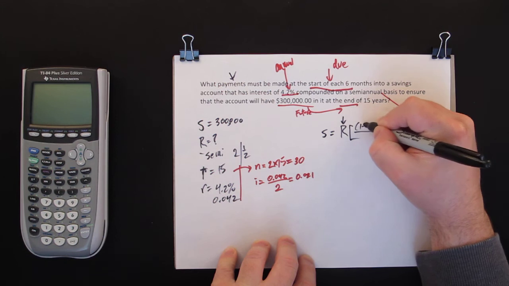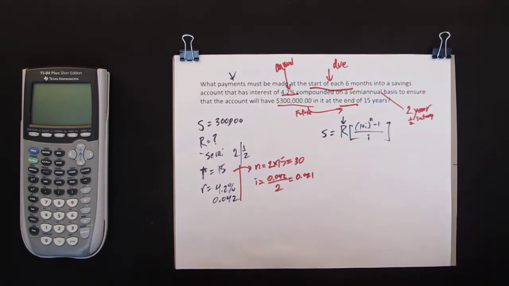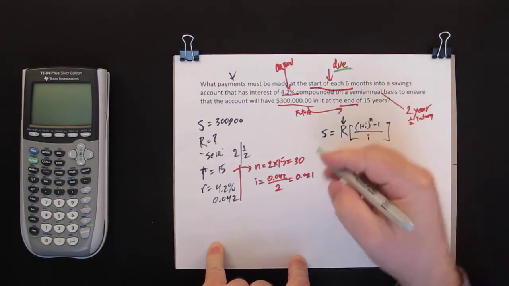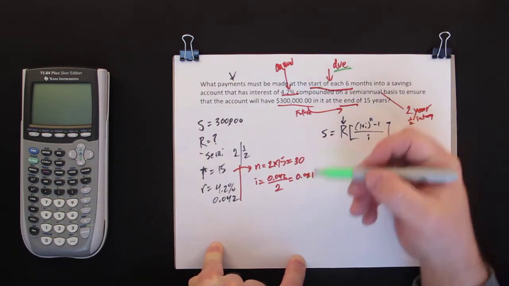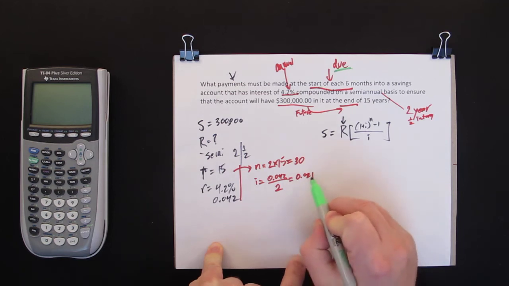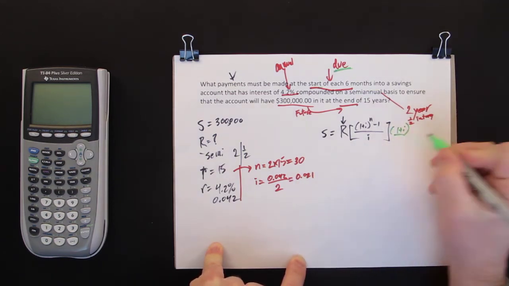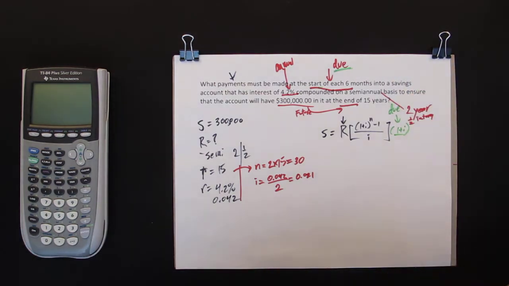So it's 1 plus I to the n minus 1 over I. And because we had annuity due, you make the deposit at the beginning of each period, and then it earns interest for that whole time period. So you have this initial piece here. All right.